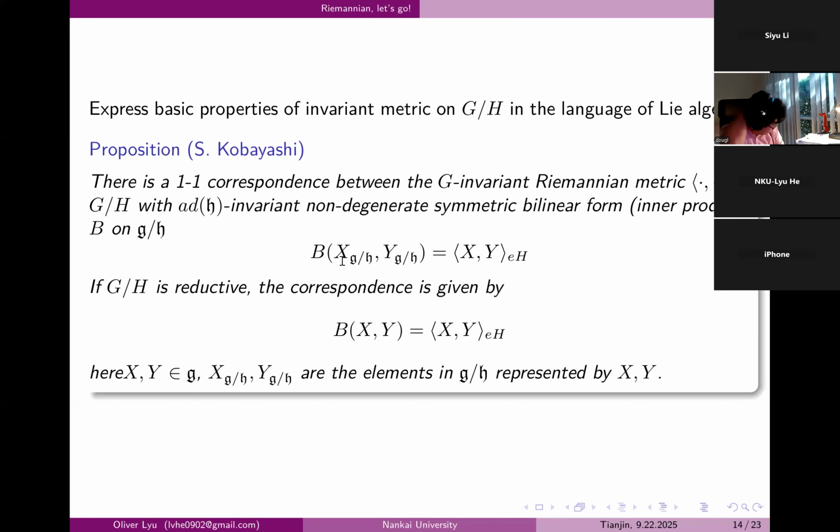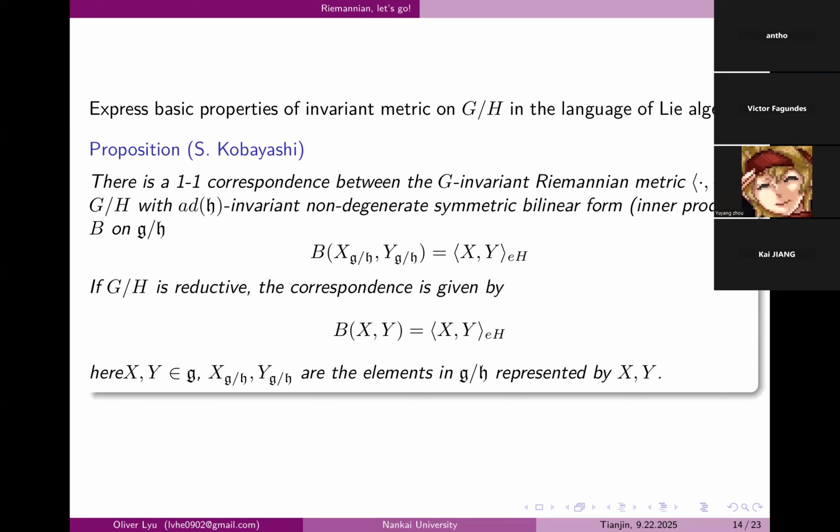B satisfies these equations, which means the value of the Riemannian metric at identity is nothing but the value of the ADH invariant inner product on its Lie algebra level. So we just establish some connections between the manifold and its Lie algebra.